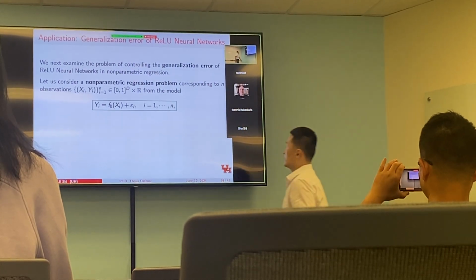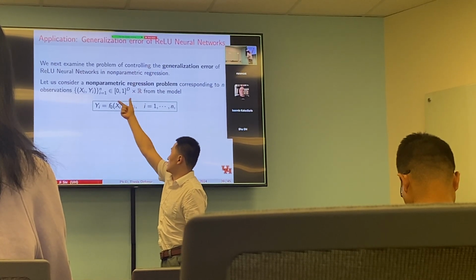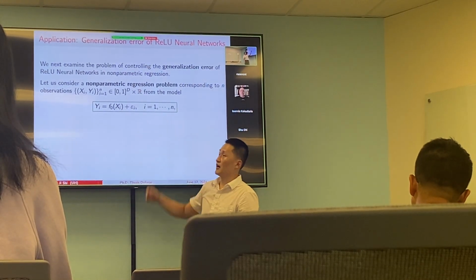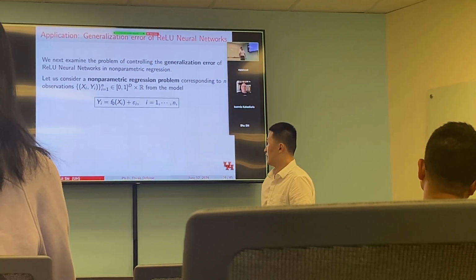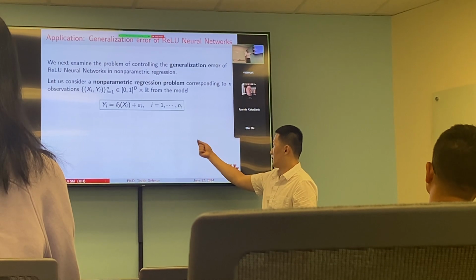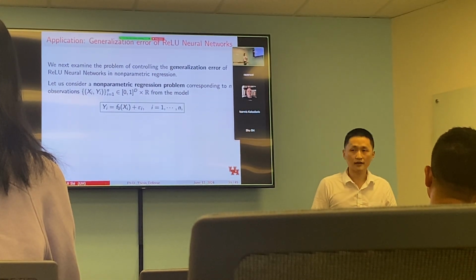The x_i is in the unit cube [0,1]^D, and y_i is a real number. The y_i equals f_0 of x_i plus the noise, or error, epsilon_i.